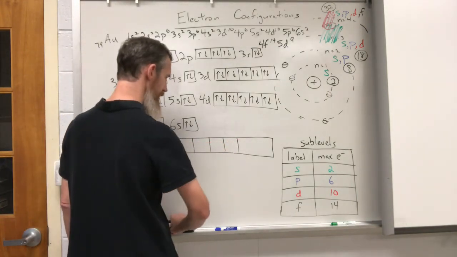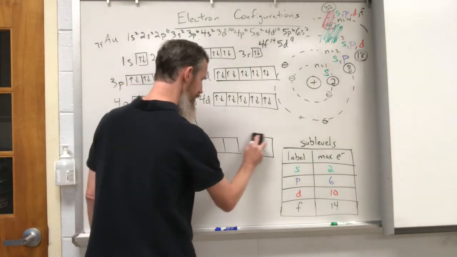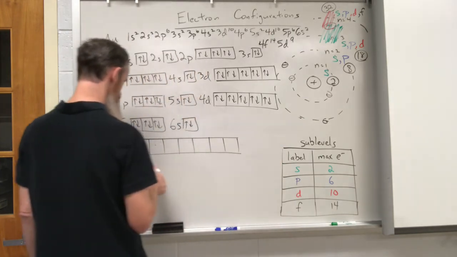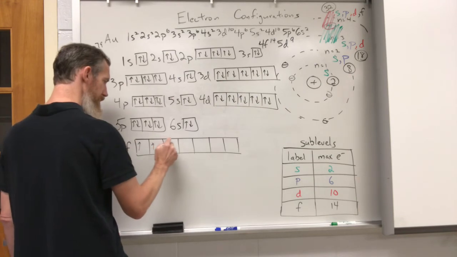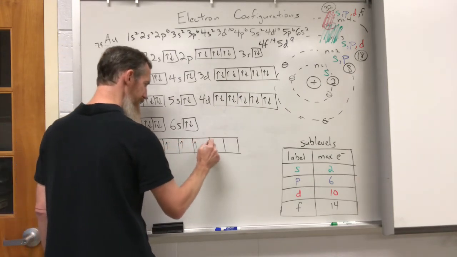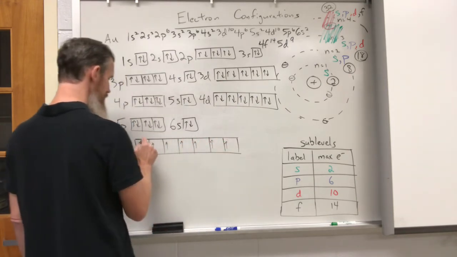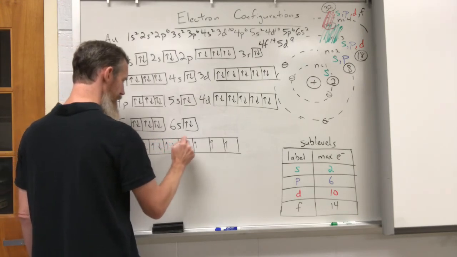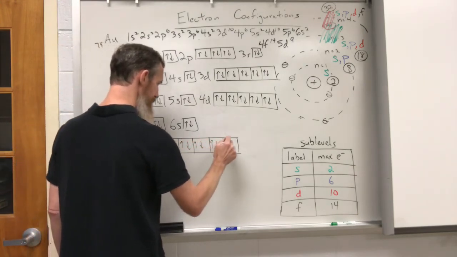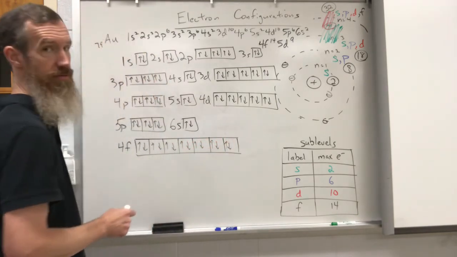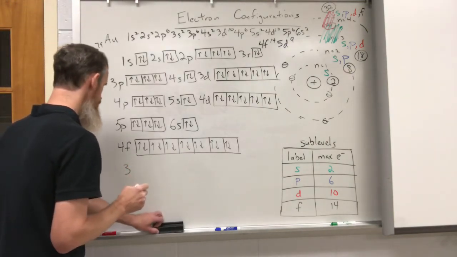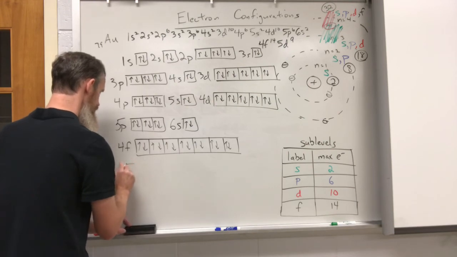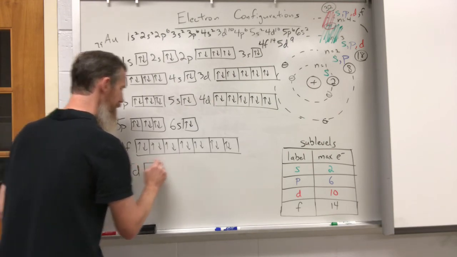So you need 7 boxes. 1, 2, 3, 4, 5, 6, 7 up arrows. And 7 down arrows. And then we finally get to 5d.